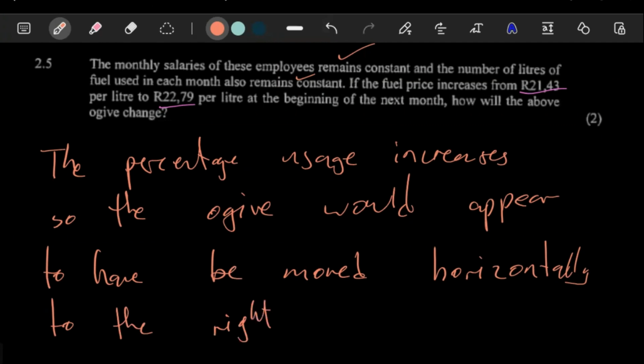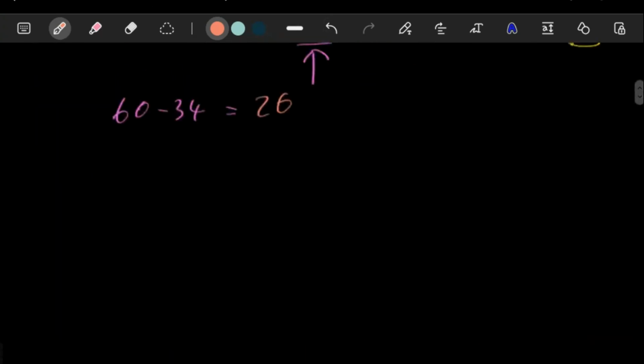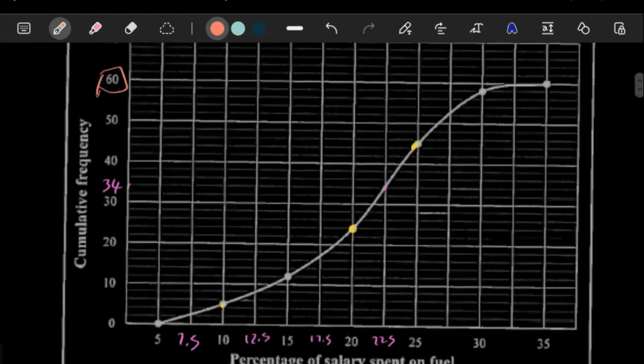So us saying that it would appear to have been moved horizontally to the right, the one thing we want to take note of is that one way or the other, it would appear as though the width of this OGIF would increase, because if each of these percentages go up a bit higher, these values are all moved a bit to the right, but the OGIF always needs to eventually go to 0.